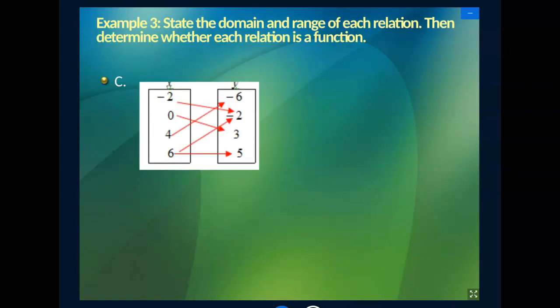Okay, this example right here, remember I told you we were going to do an example of a mapping? This is what we call a mapping. You can rewrite a mapping as a relation. So the first number is the x.